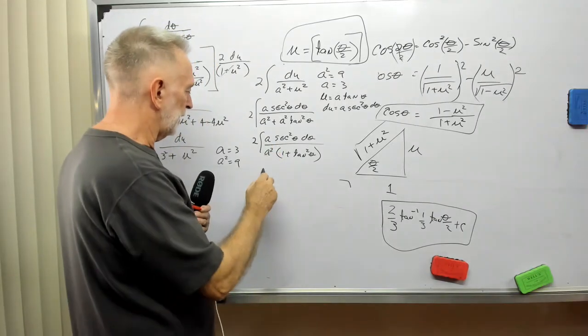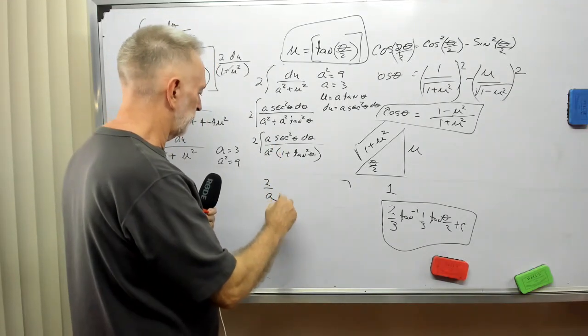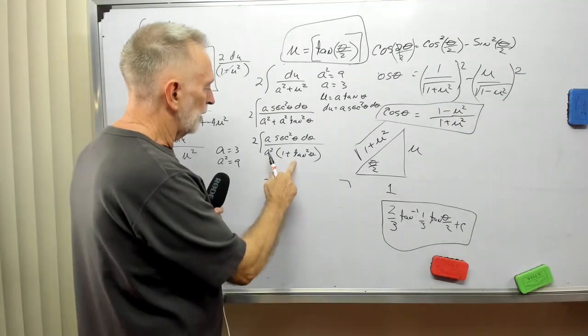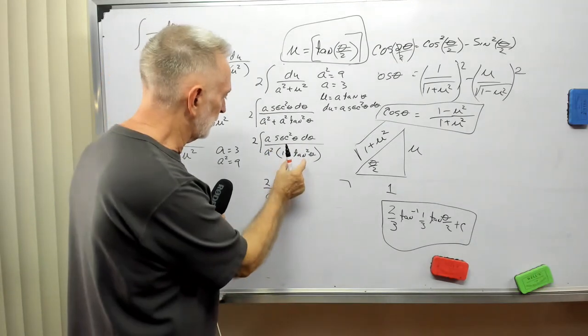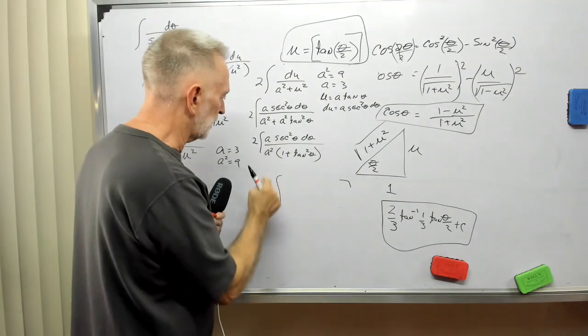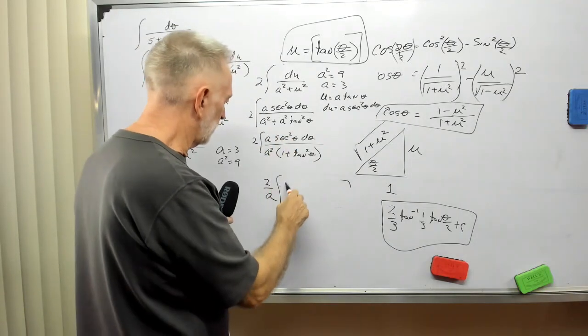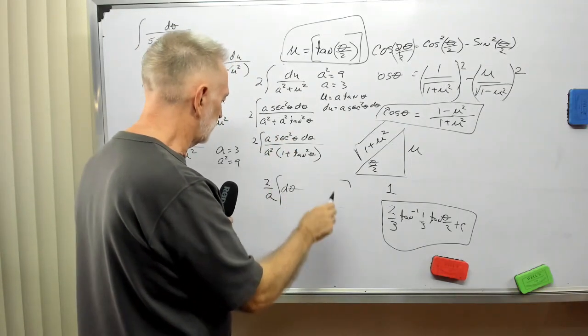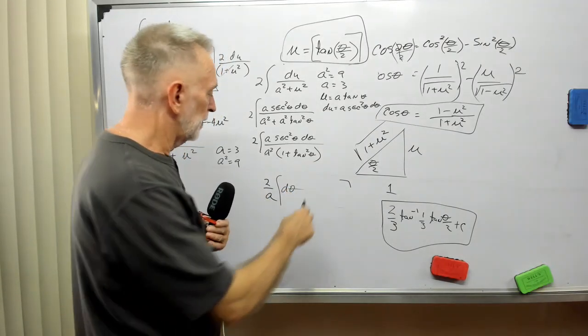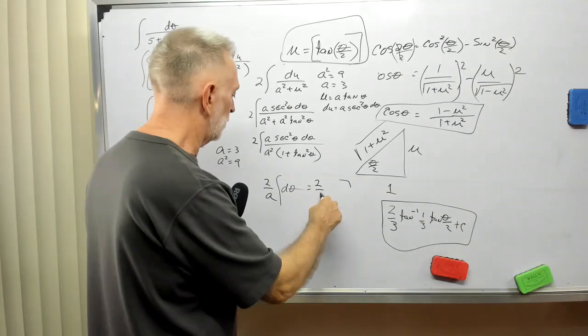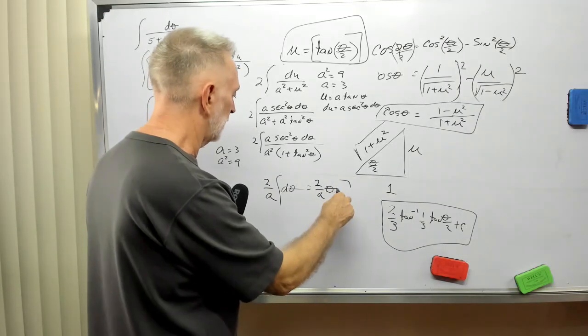A divided by a squared leaves me a. And what's 1 plus tangent squared? Secant squared. So I have secant squared divided by secant squared. That becomes 1. So now I end up with just 2 over a times the integral of d theta. So that equals 2 over a theta.